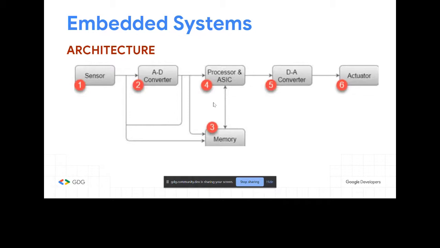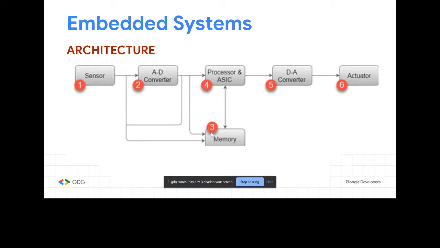So going to the architecture, we find first sensors. In sensors, we convert what we receive into an electrical signal. Then we go to the analog to digital converter, which basically converts the analog signal to digital.